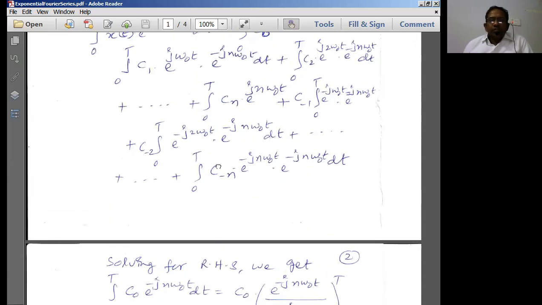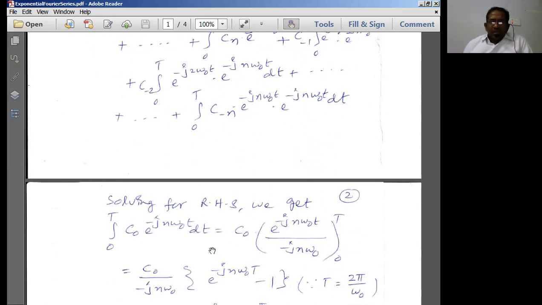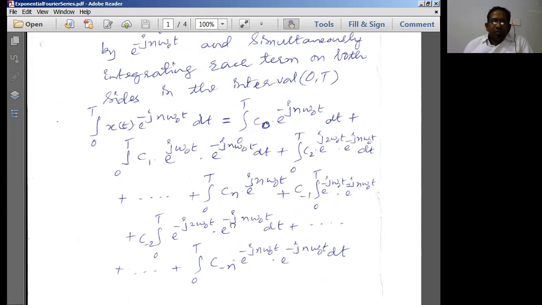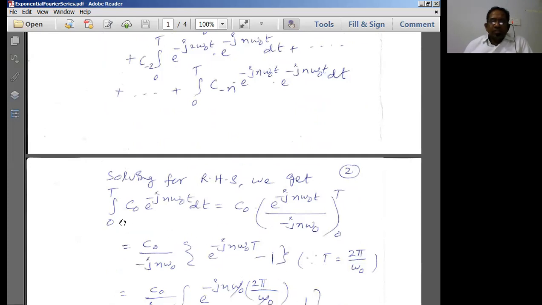First of all, we solve for the RHS. In the first part I have the integral of C0 e power minus j n omega naught t dt. C0 is a constant, so we'll take it outside. The integral of e power minus j n omega naught t is e power minus j n omega naught t divided by minus j n omega naught, over the interval 0 to T as the limits.